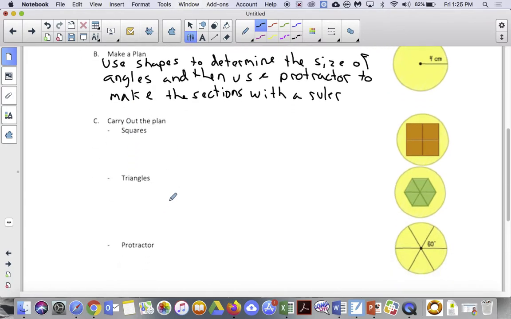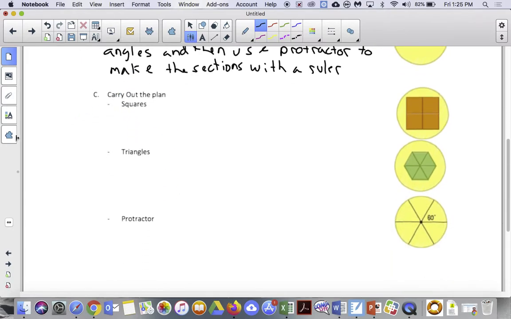So first what I did is I looked at squares. And squares, if I look, has 90, 90, 90, 90, which makes a full circle all the way around. So using my properties of squares, I know that 4 squares at 90 degrees each make a circle.